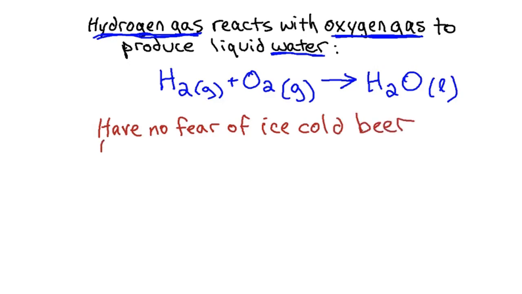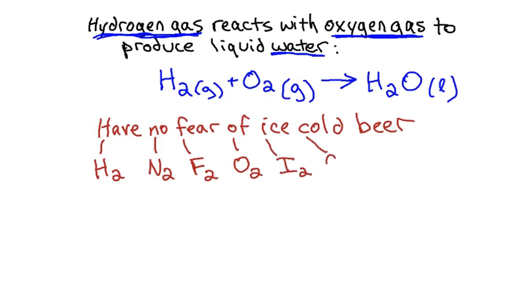So have would be hydrogen, and that would always come in two. N would be nitrogen, and that always comes in two. F would be fluorine, and that always comes in two. Of would be oxygen. I would be iodine. C would be carbon, and B would be boron.